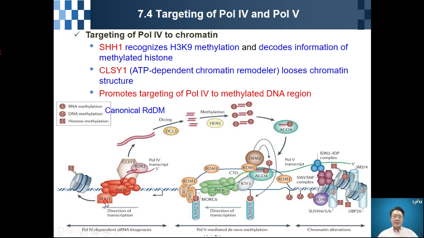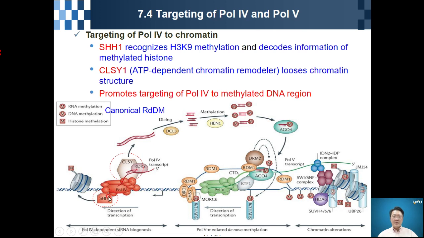So initially, in step 1, SHH1 recognizes H3K9 methylation. After that, it decodes the information of the methylated histone. CLSY1 is an ATP-dependent chromatin remodeler.